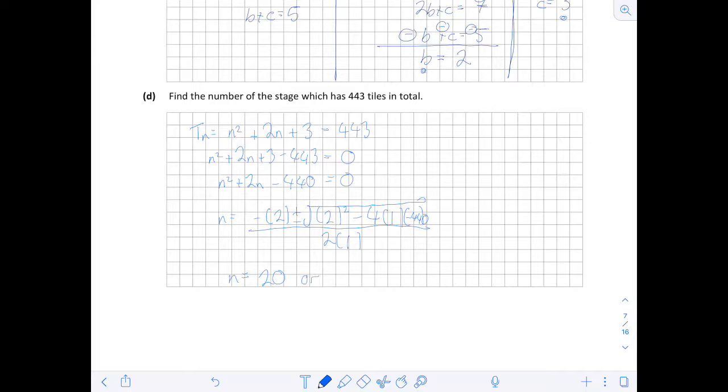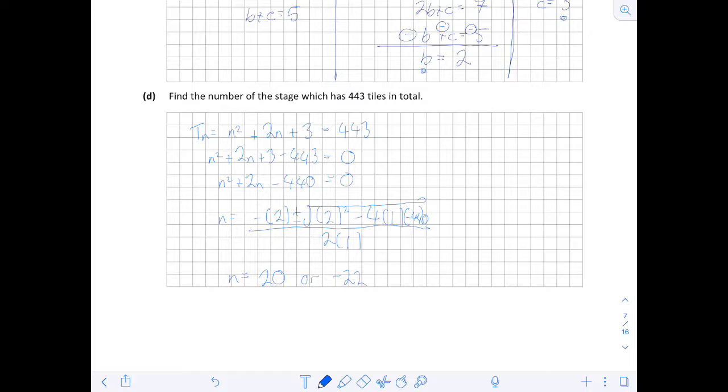Now, if I put in the minus value, I think I'll get a negative number. I'll just try that. I've deleted it from my calculator, unfortunately, so I'll put it all in again. Minus start bracket 2 close bracket minus square root of start bracket 2 close bracket squared minus 4 start bracket 1 close bracket start bracket minus 440 close bracket all over 2 start bracket 1 close bracket is equal to minus 22.